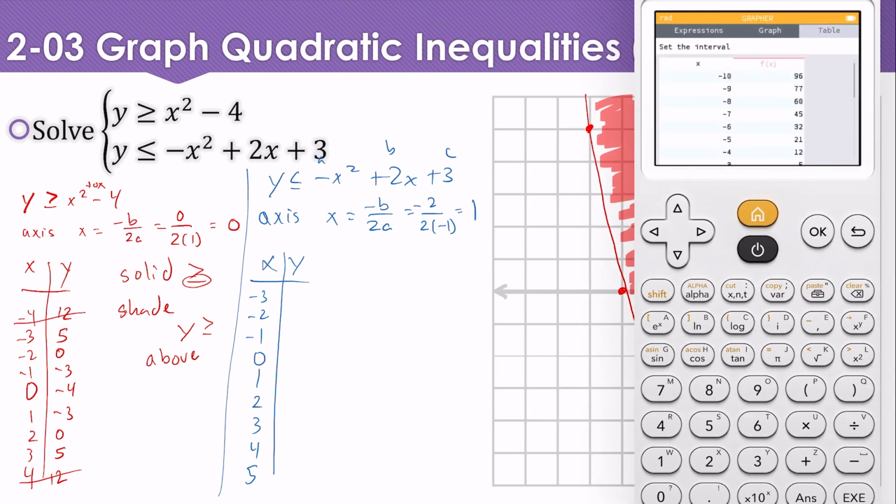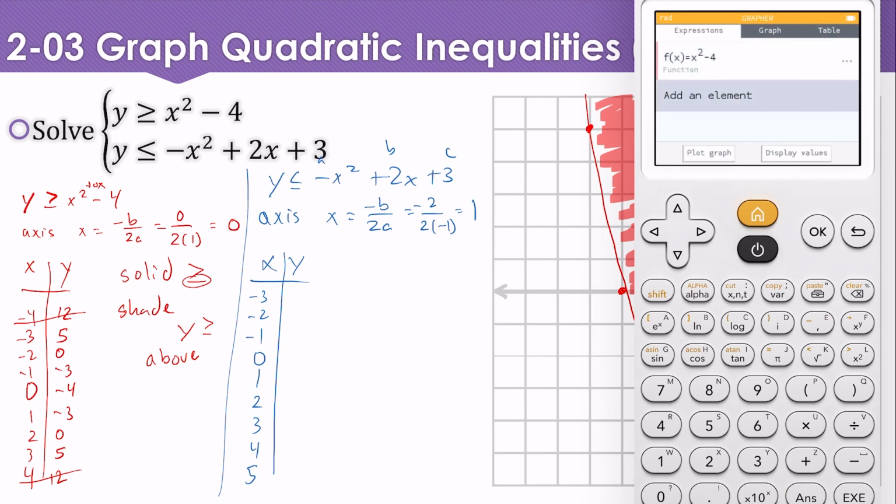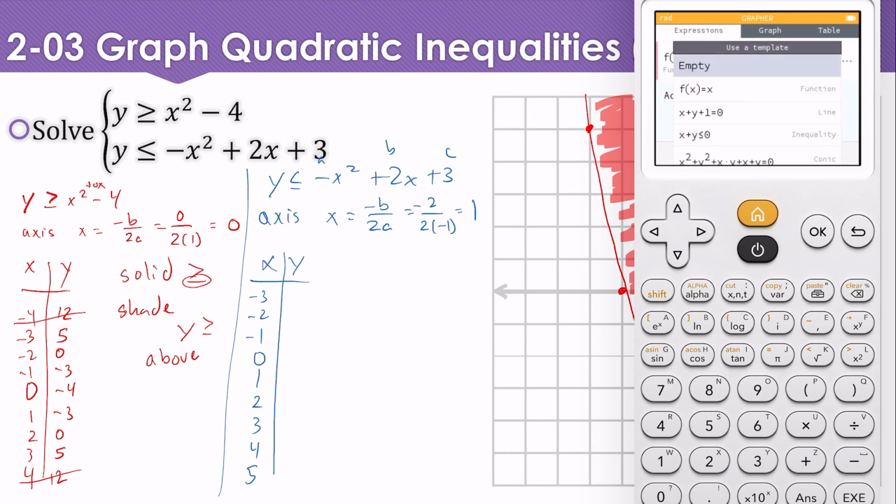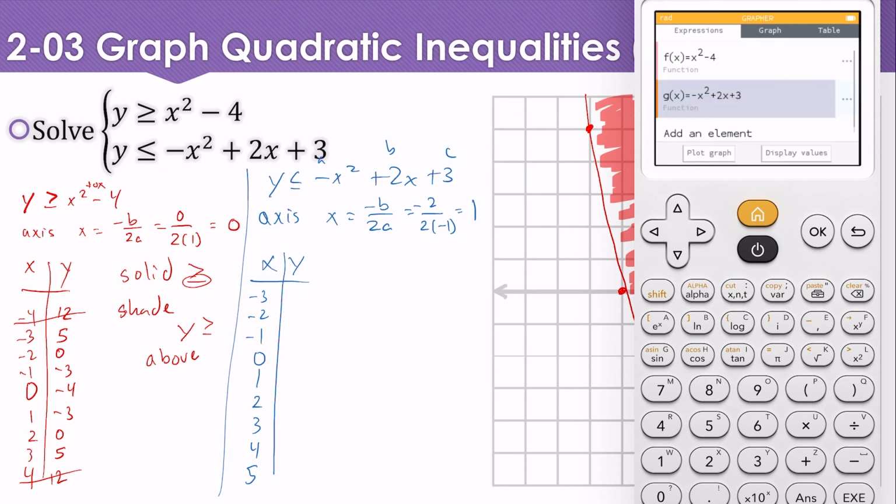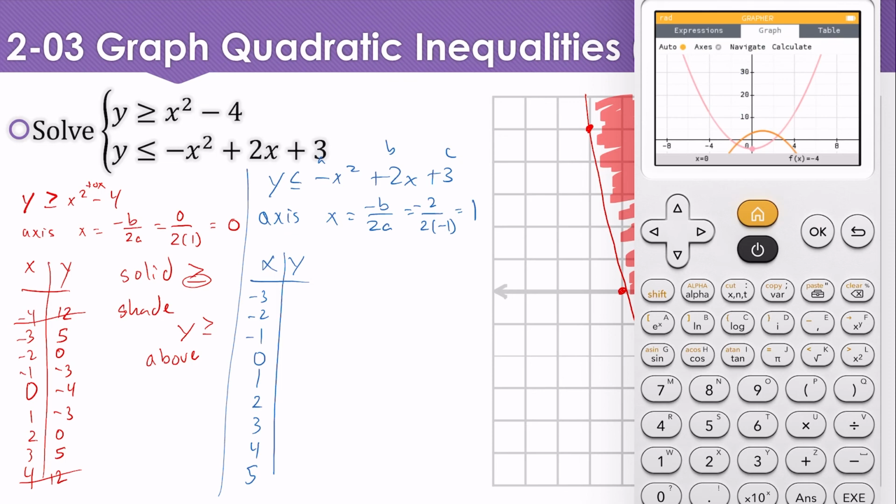Let's grab the calculator and put this one on. On this calculator, I can actually put in more than 1. So it's negative x squared plus 2x plus 3. Now when you graph out, you can see both of them.